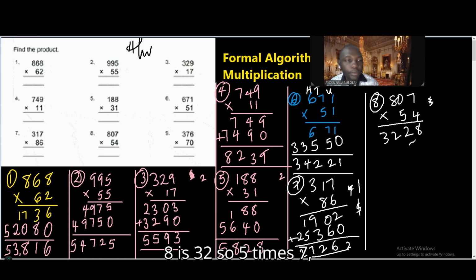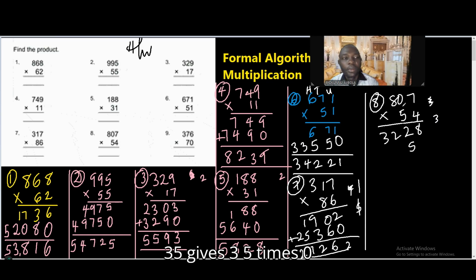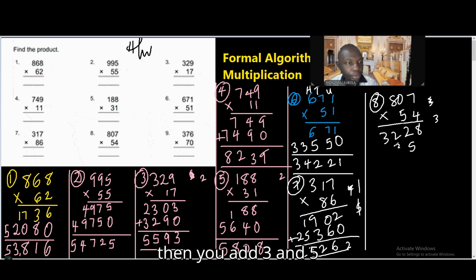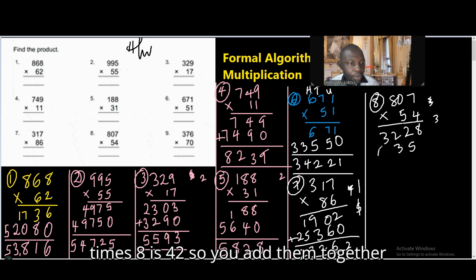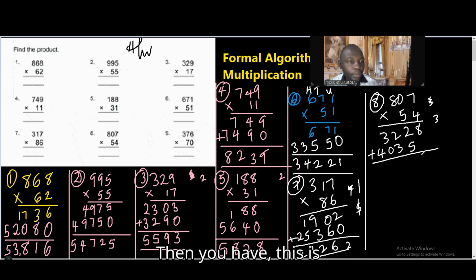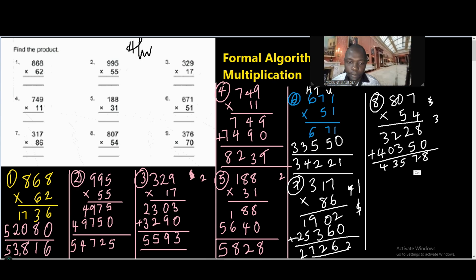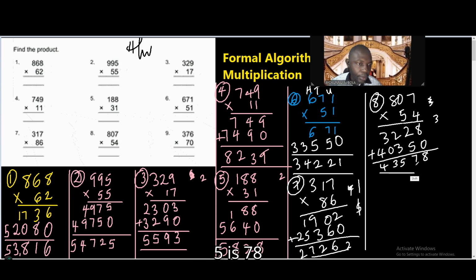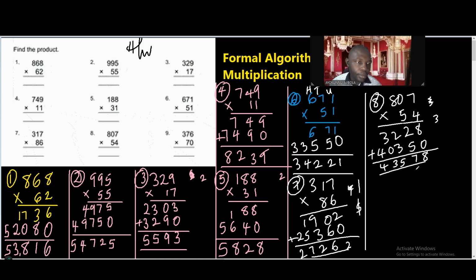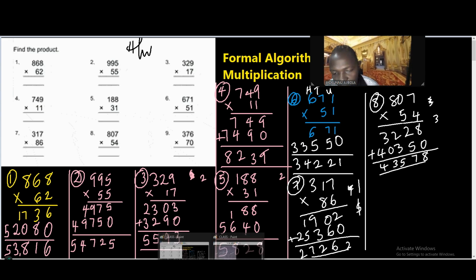So 5 times 7, 35, keep 3. 5 times 0, then you add 3. And 5 times 8 is 40. So you add them together. Then you have 8, 7, 5, 3, and 4. That is 43,578. 43,578.